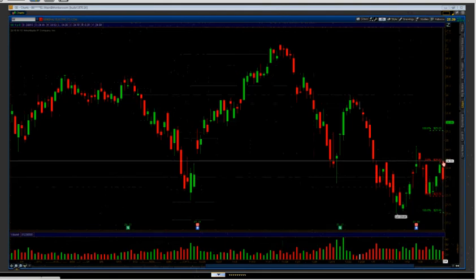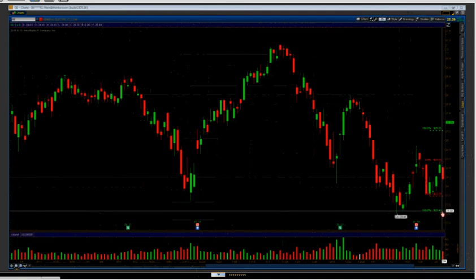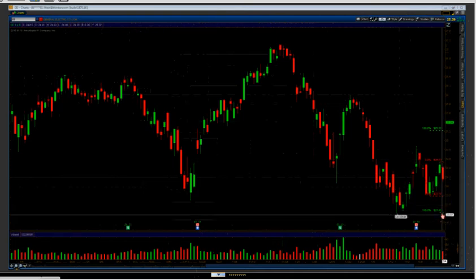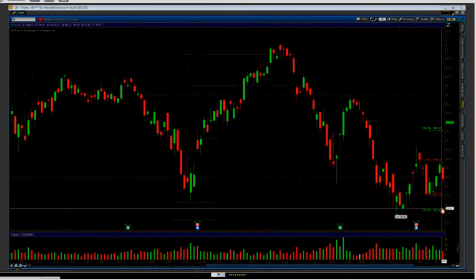Yeah, goes above 24.53. Even if it goes a penny above that, it'll make my target not good, right? If it goes to 24.54, that target's going to move up.